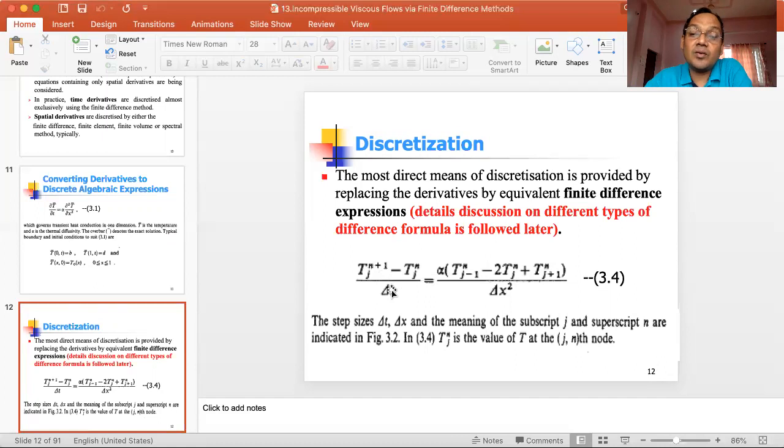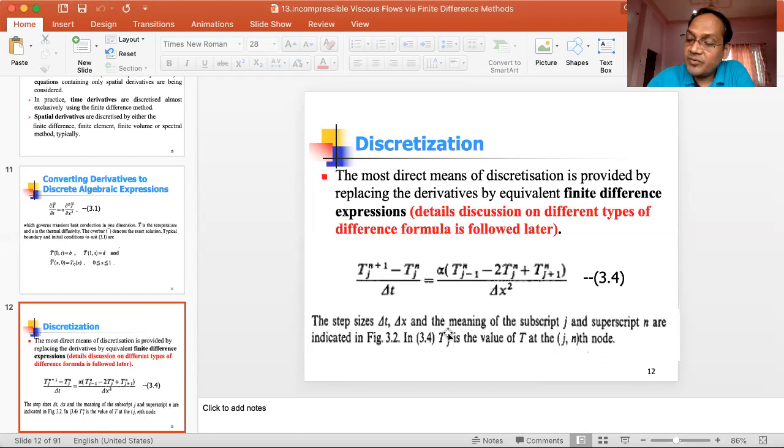First you understand the notation. T_j^n means here you have only x. So the x direction we have divided and denote by j, that means x_j. Now in the time direction, we take delta t. So x direction delta x, time direction delta t, and notation-wise we shall take n.